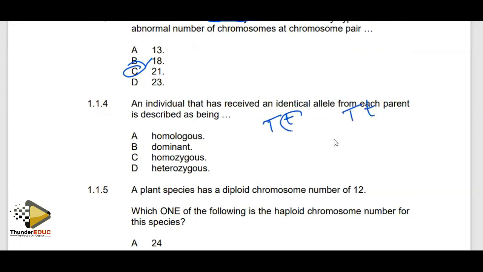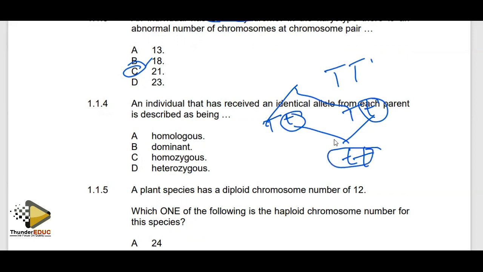If the baby gets small t and small t, or capital T and capital T, it means these 2 alleles are the same. So how do we call that individual? Because they are the same, it is homo.